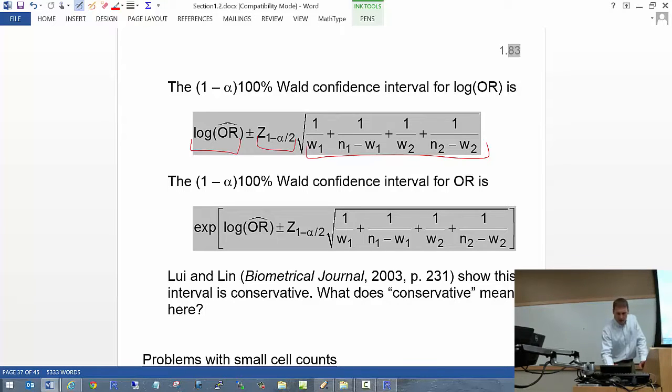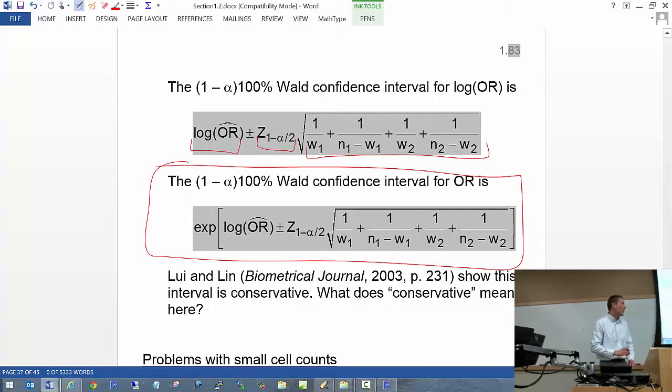And so now this is the actual confidence interval that we end up using for an odds ratio. And interestingly, some research has shown that this is actually a little bit of a conservative interval, despite being called a Wald interval. It's just due to this log transformation, it ends up making it just a little bit conservative.